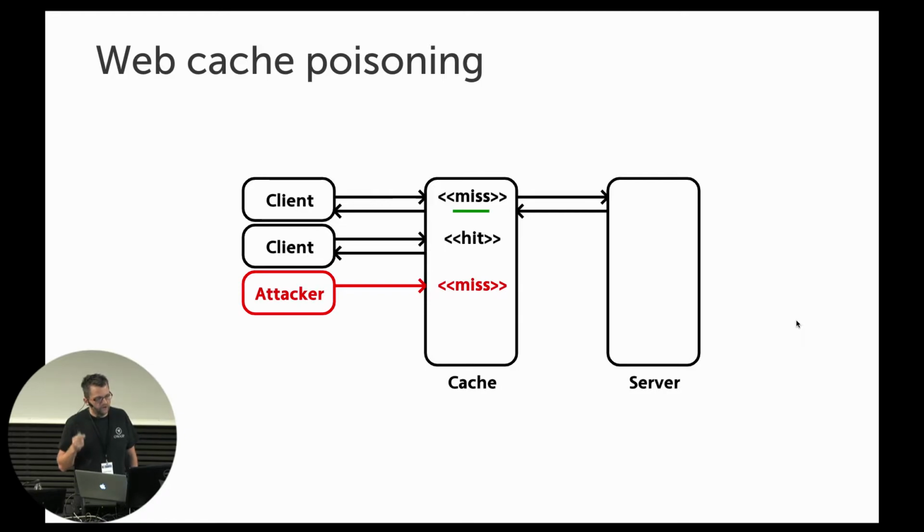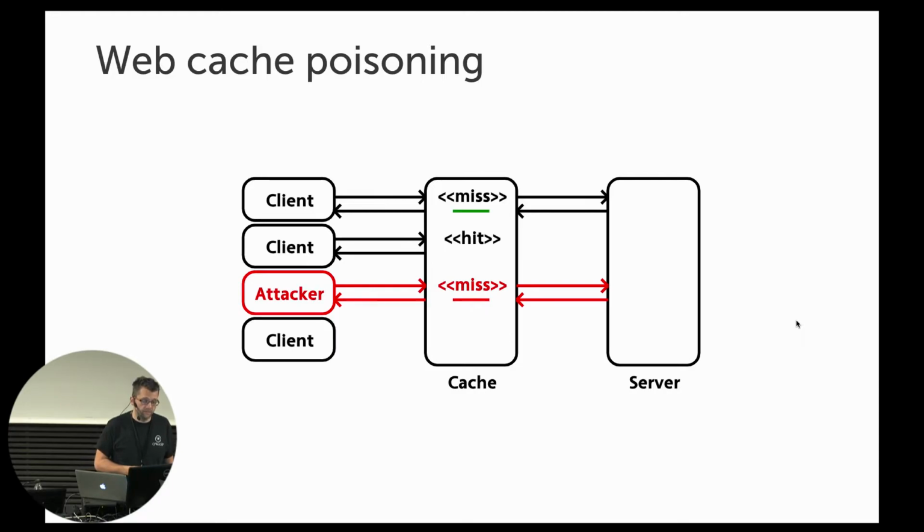So in this case, the attacker could send something malicious to the server, make the server render this in a bad way, and then store that result in the cache. So the next thing that happens is one of the benign clients comes in and wants to access the same resource, and now gets the poisoned entry instead. And then the attacker has now attacked this client.